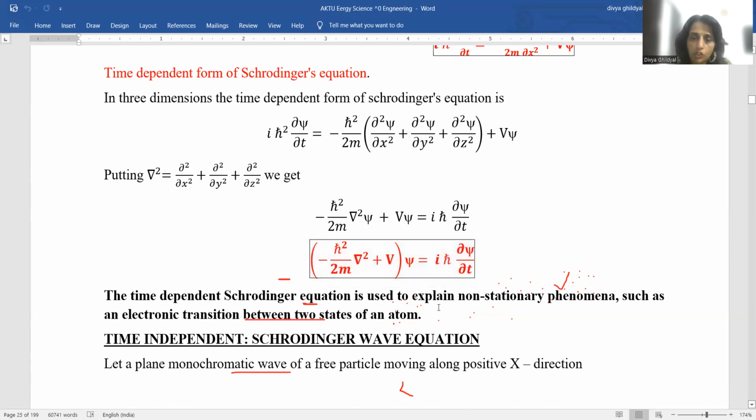This equation is used to explain non-stationary phenomena such as electronic transitions between two states of an atom.